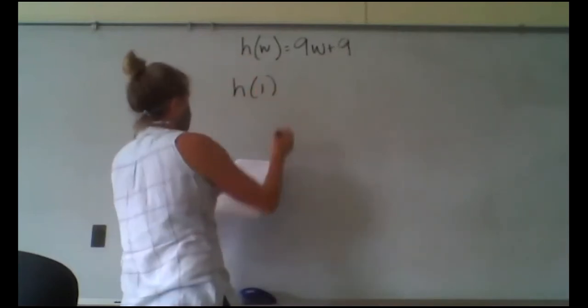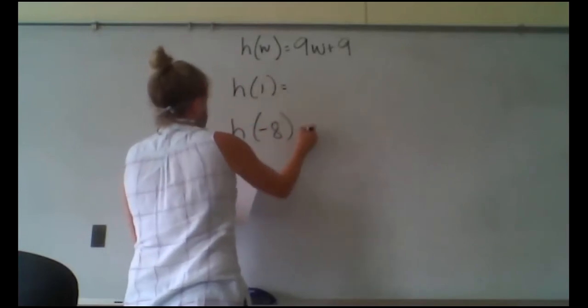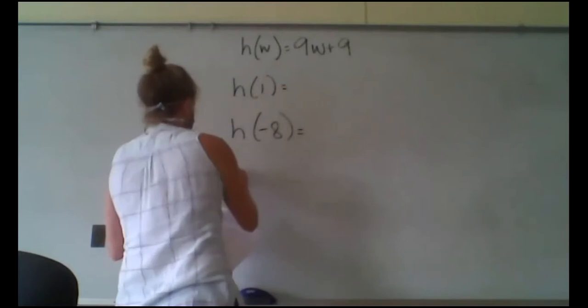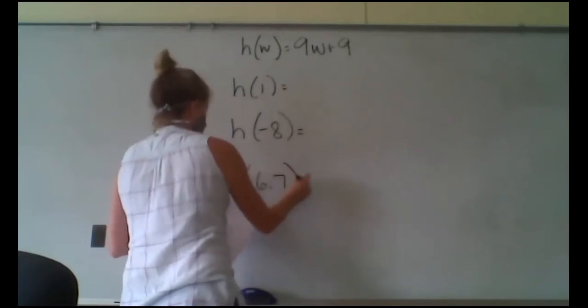We're going to find h of 1. Then we're going to find h of -8. And then we're going to find h of 6.7.